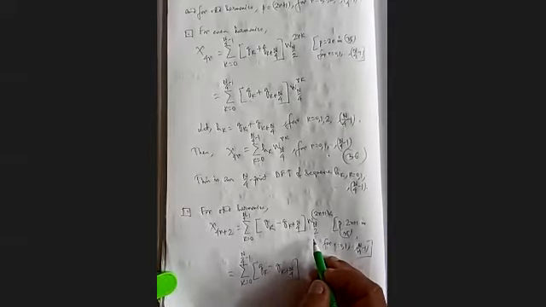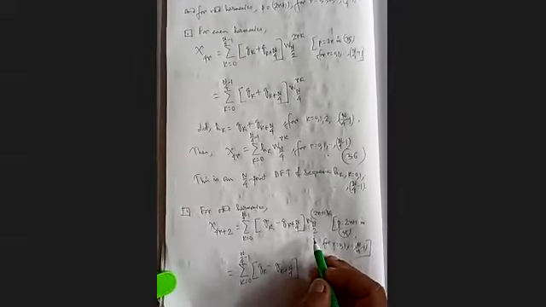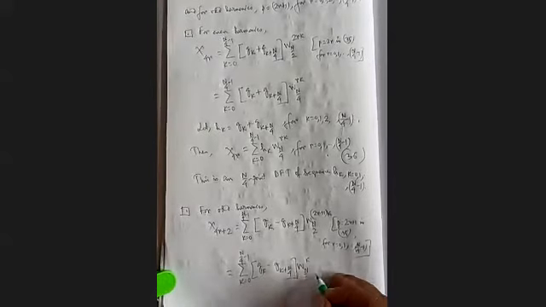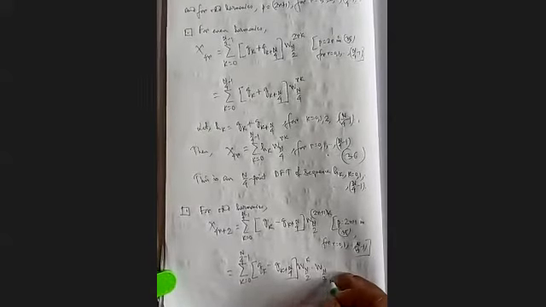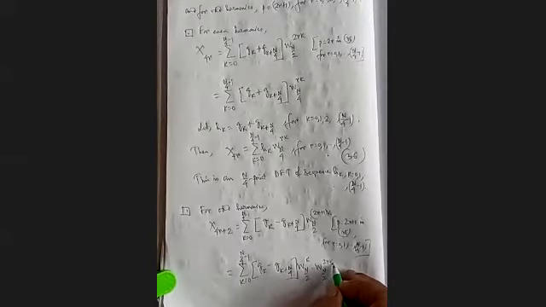Now we just take, just 1 minute. It will be w n by 2 to the power k, then w n by 2 to the power 2rk.